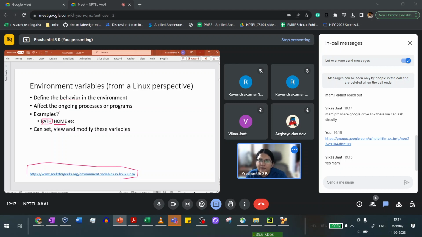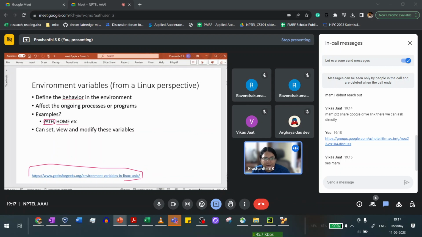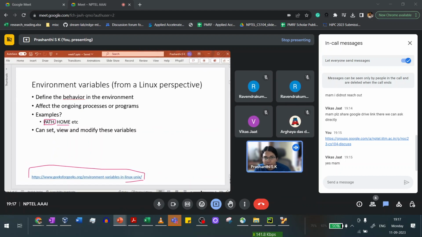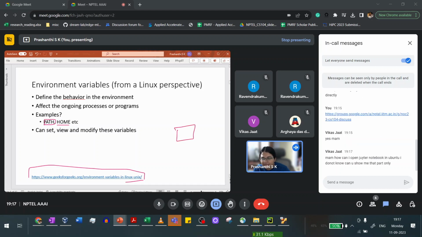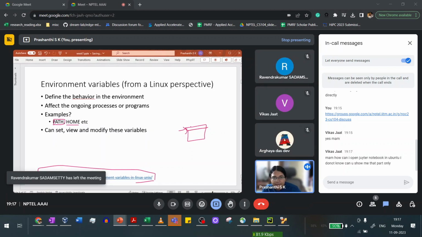For instance, one environment variable which I'm not sure if you guys would have heard or used is something called LD underscore preload. This is used very frequently by profilers to do some code injection. Basically, let's say you have a piece of code, a system call or something like that, and you want to get the time spent in the system call.